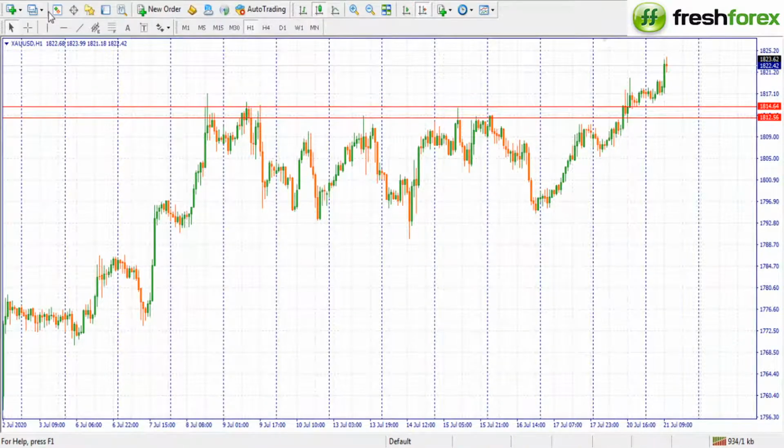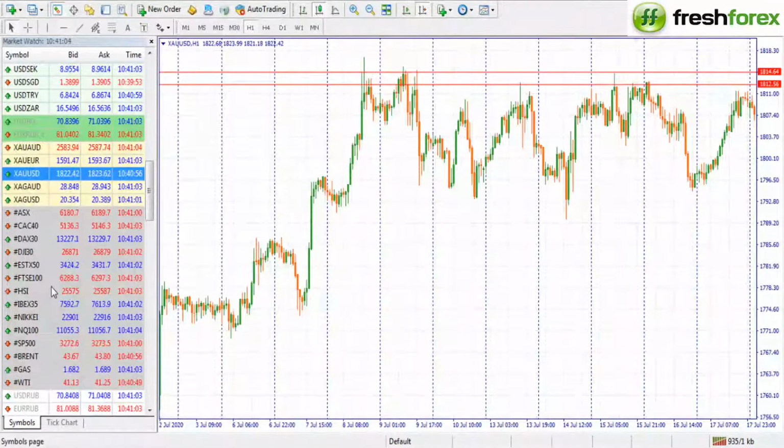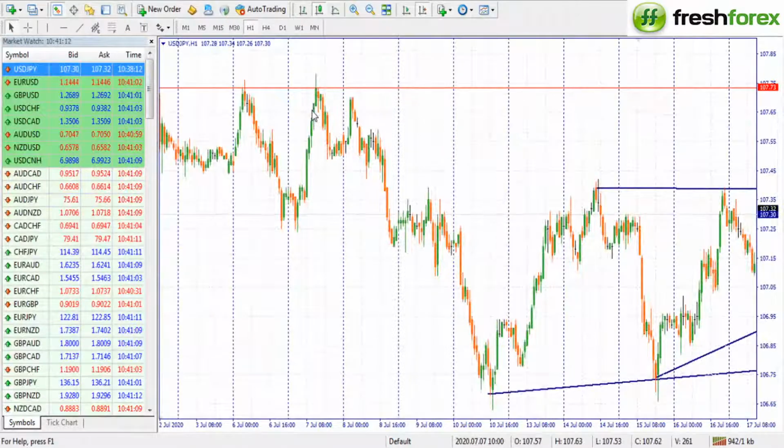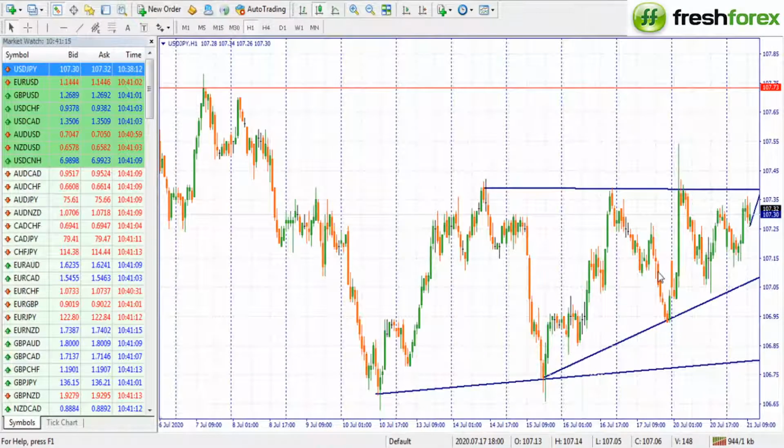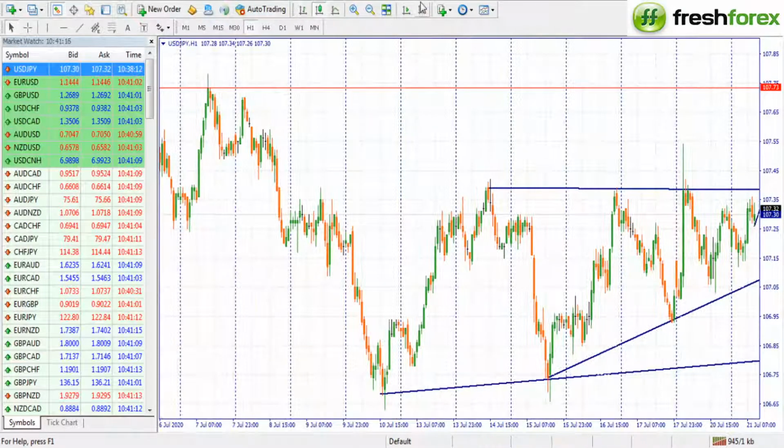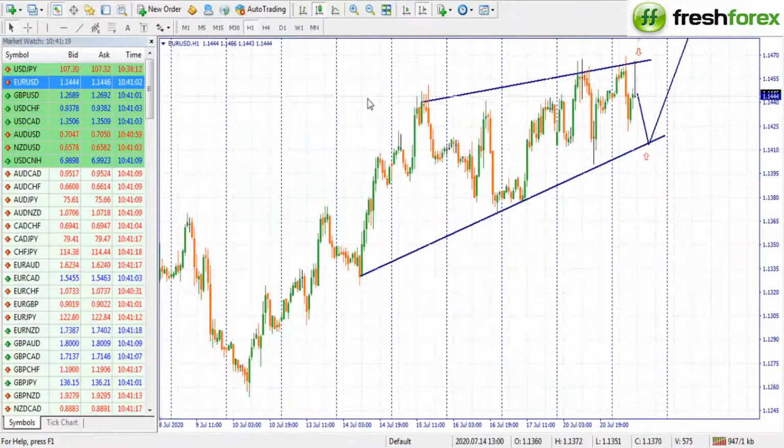We've exhausted all six symbols we're supposed to look at today. We've looked at GBP USD, where we expect a continuation to the upper side. We've looked at Euro USD, where we expect a move down to this point, then a bounce to the upper side.